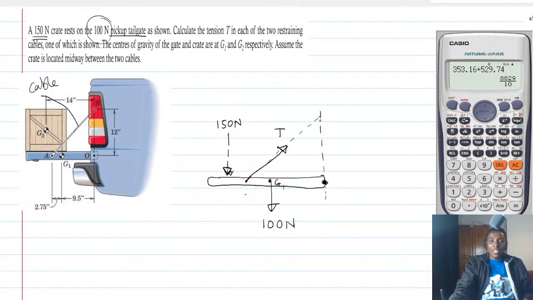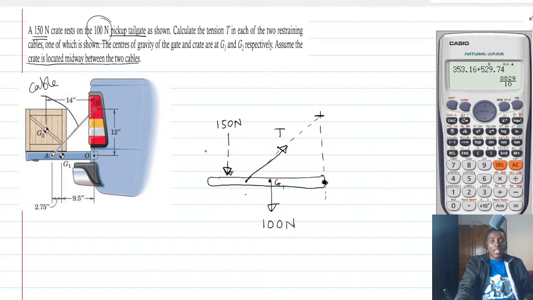Now it is interesting to note that over here he said to assume the crate is located midway between the two cables. Alright.